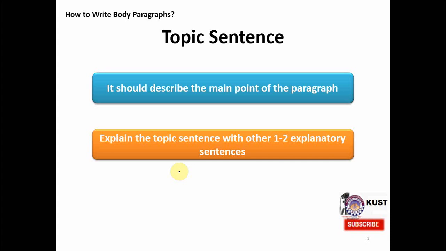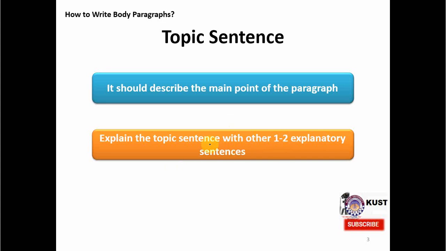With the help of these 1 to 2 sentences, we make it clearer to the audience what our main point is, what our claim is, what we want to say. And once this is understood, I think this is half the job done, because you have made your audience, your readers, think about what you are claiming.